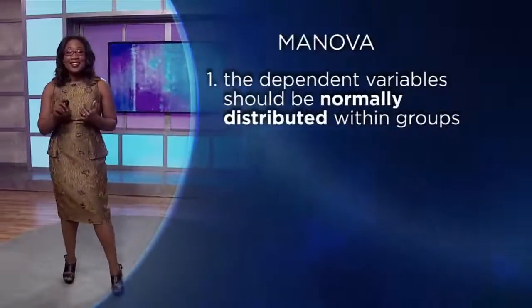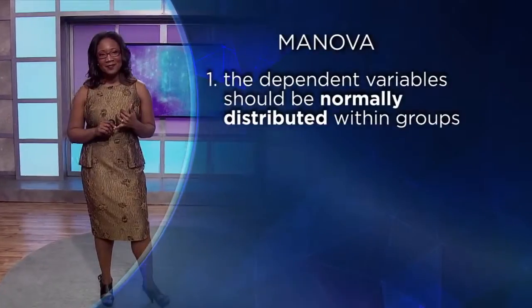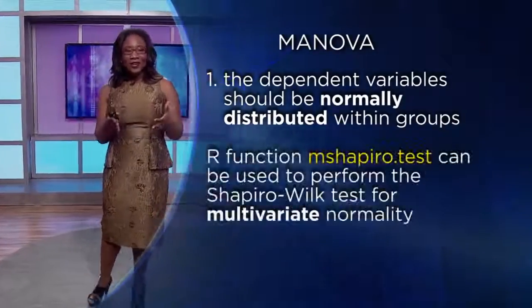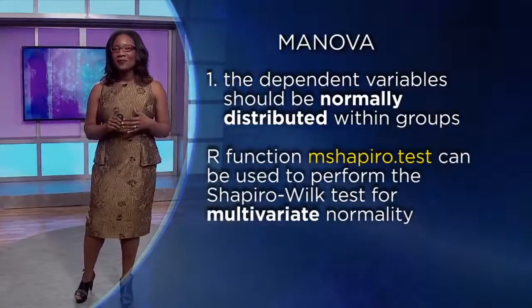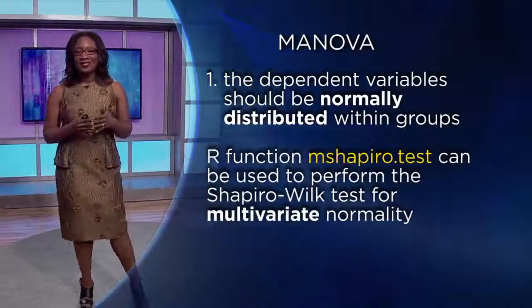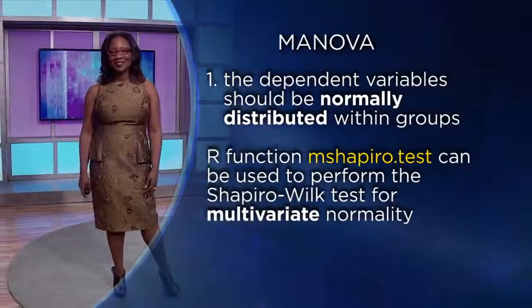So MANOVA can be used in certain conditions. First, the dependent variables should be normally distributed within the group. Now, this R function called mshapiro.test, we can actually use that to perform the Shapiro-Wilk test for multivariate normality, which is going to be very useful in the case of MANOVA.